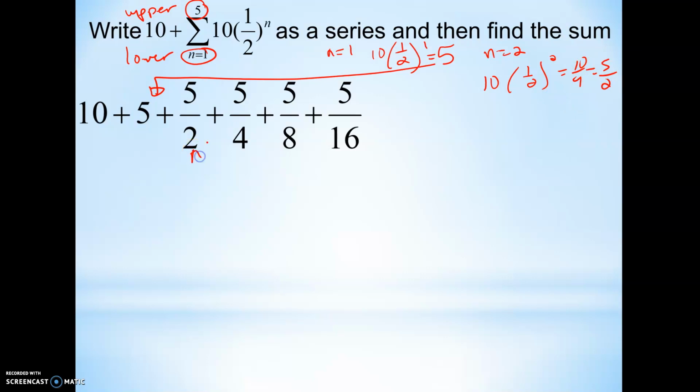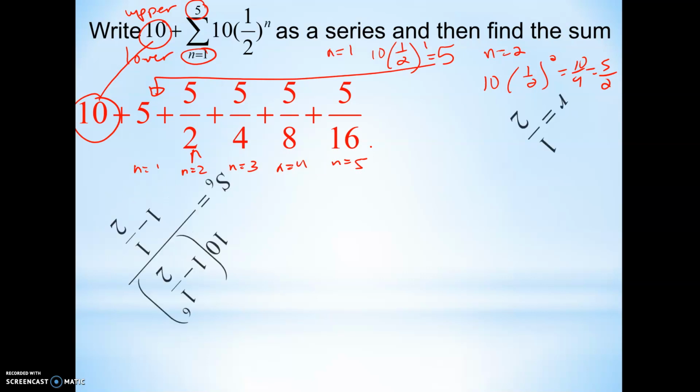Okay, this guy. Now, if you're wondering where this 10 came from, this 10 came from here. It's the 10 just hanging out on the outside. So they wanted you to make a series, which means a sum, and then find that sum. Okay, so this is when n is 1. This is when n was 2. This was when n was 3. N was 4. N was 5.